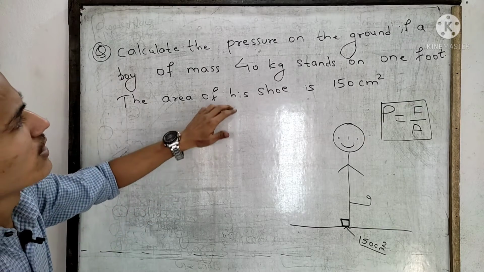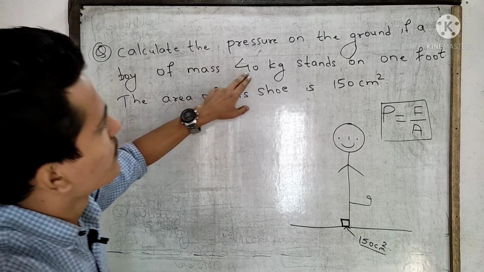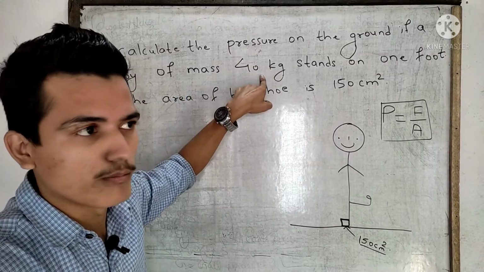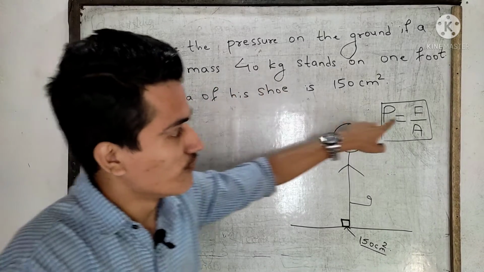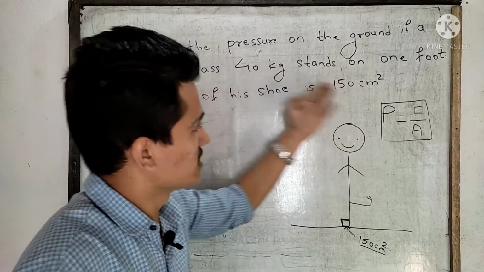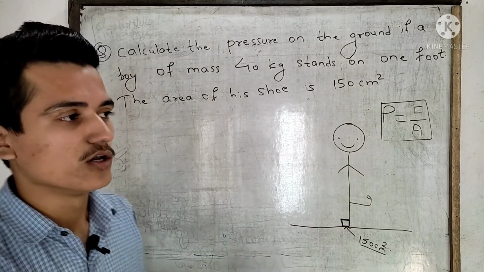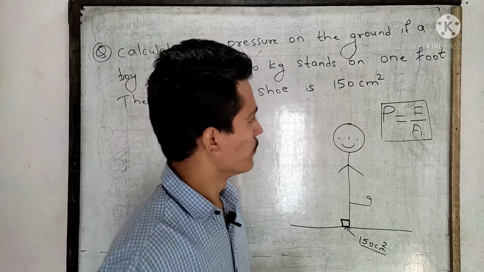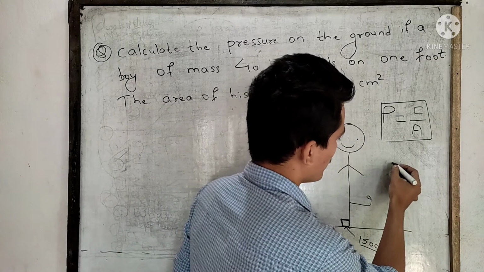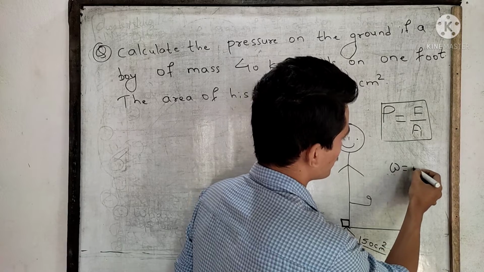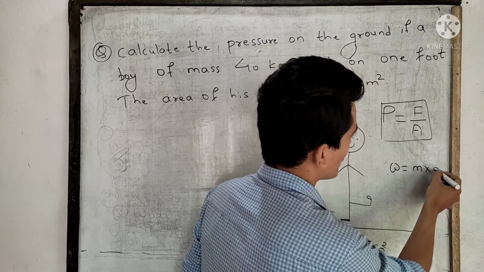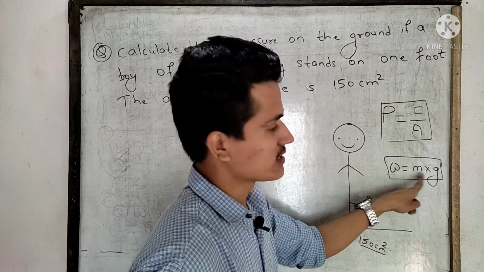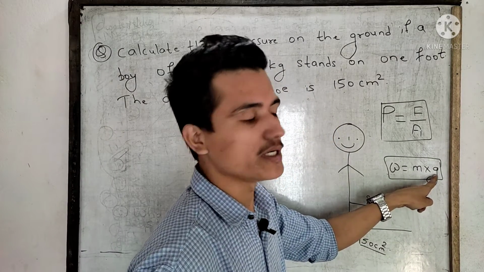Instead of force, what are we given? We have been given 40 kg mass. Can we convert mass into force? Yes, definitely. We can convert this mass into force by this formula: W is equal to M into G. This M is mass, G is acceleration due to gravity.